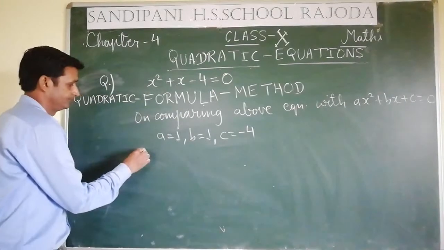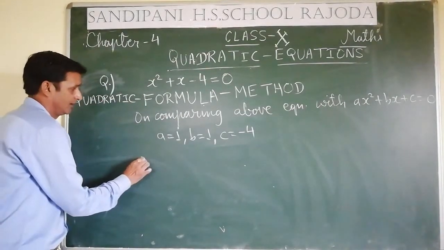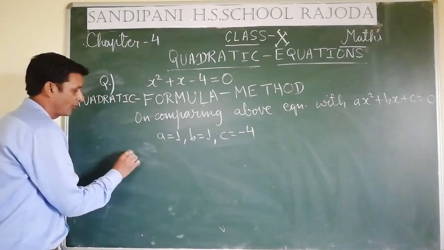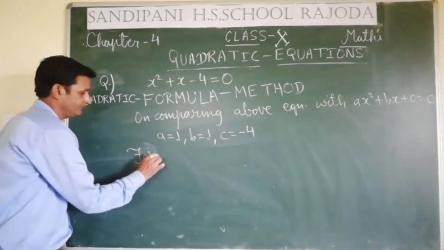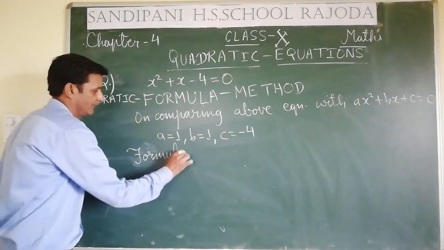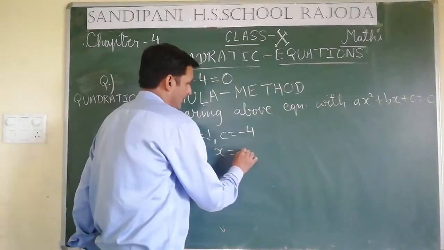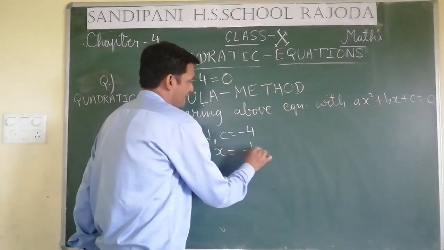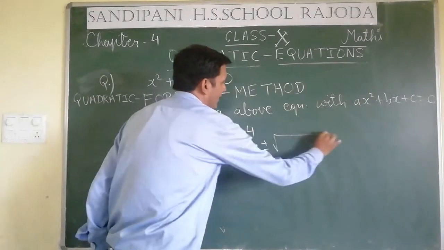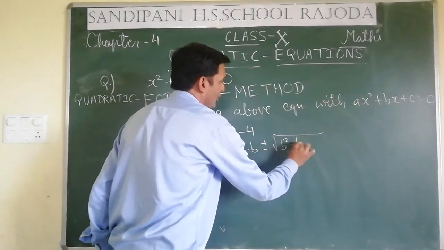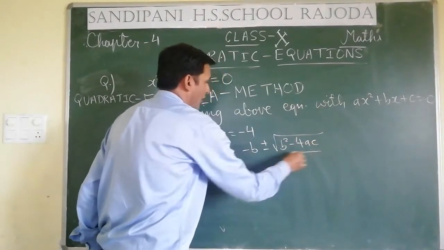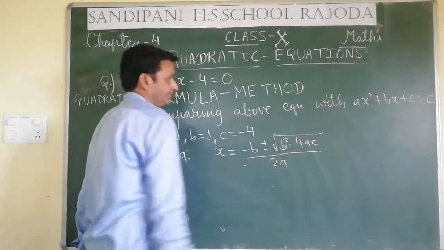Now the formula I am telling: x is equal to minus b plus minus under the root b square minus 4ac upon 2a.